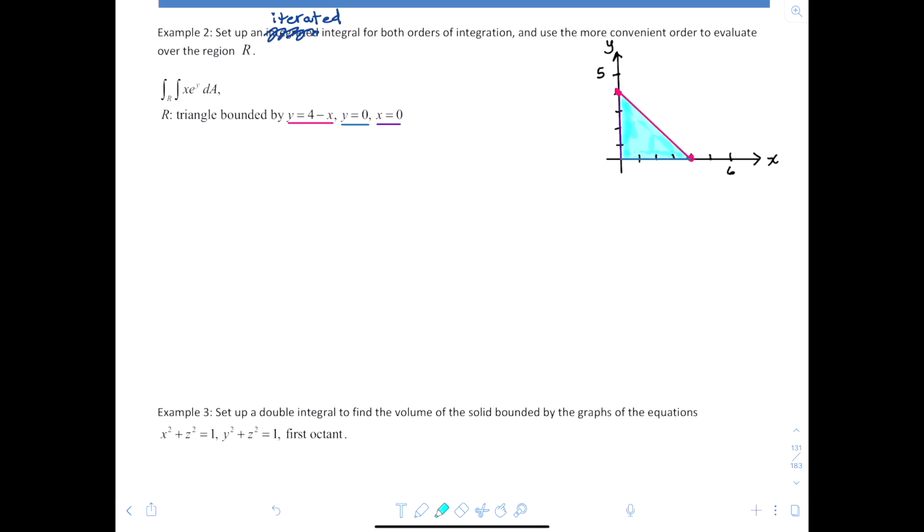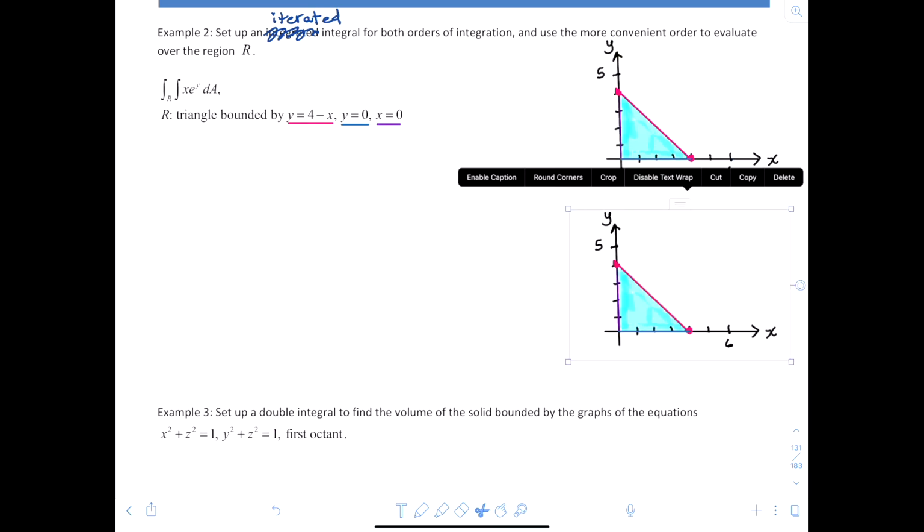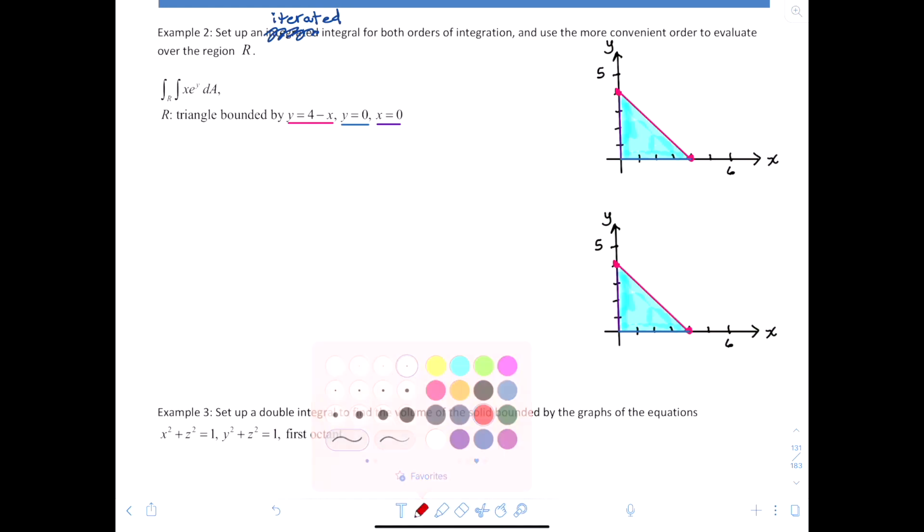All right, so I'm going to go ahead and copy this, and that way we can figure out how we want to set it up. So here we go. If we were doing this vertically simple, let's see what it'll look like.